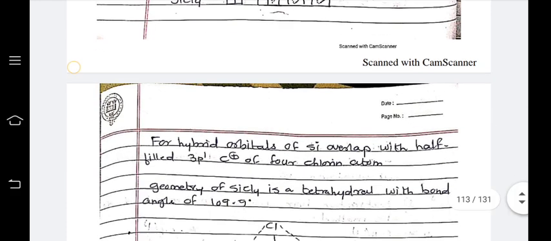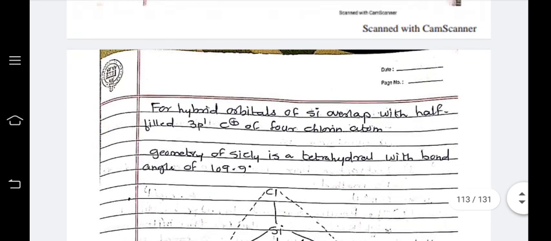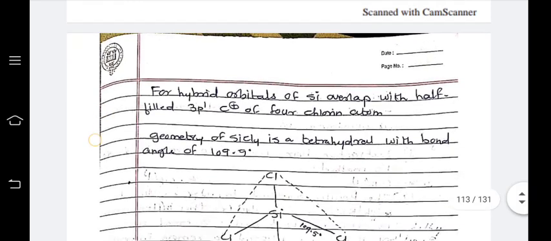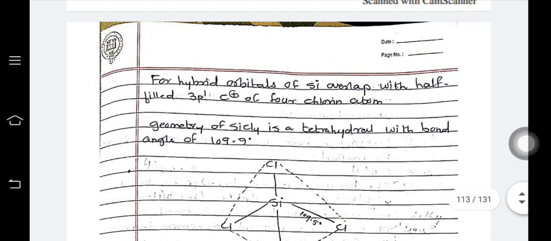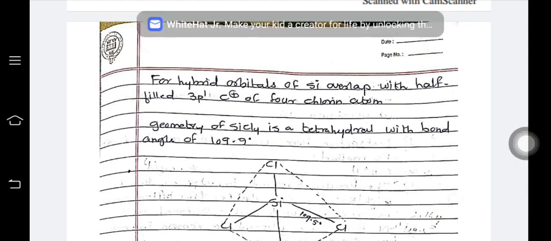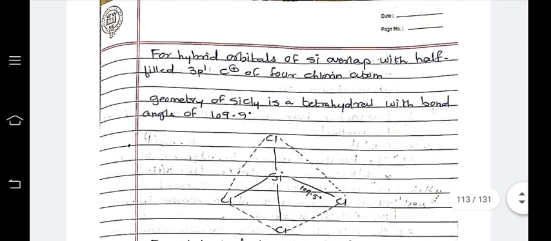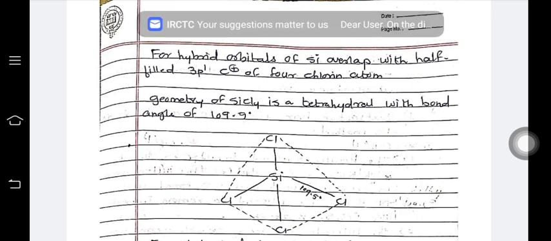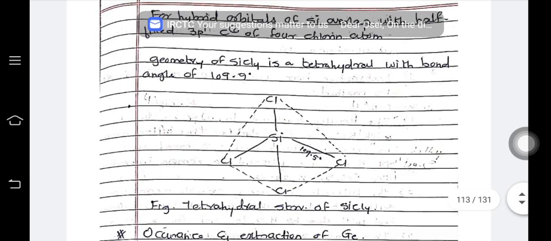SiCl4. The hybrid orbitals of silicon overlap with the half-filled 3p1 orbitals of the 4 chlorine atoms.